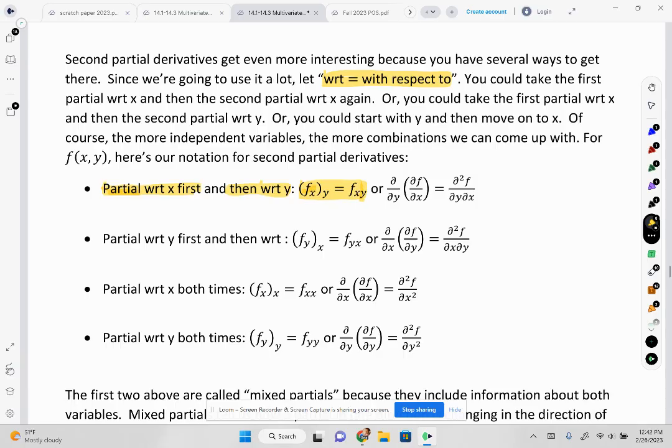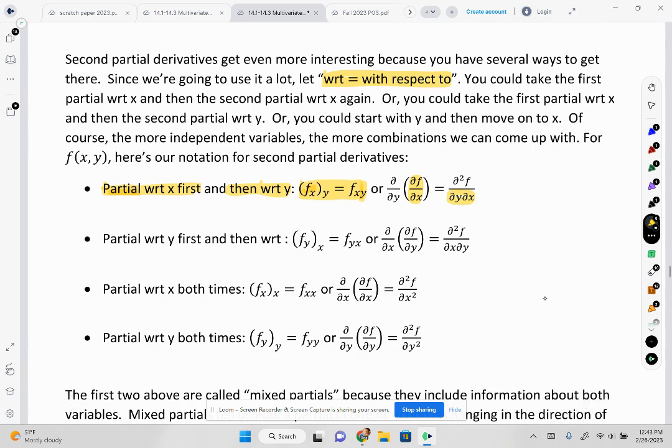Now, it's different when we use the Leibniz notation with the partials. So we would be taking del y of del f del x. Del f del x is the partial of our function with respect to x. Then we take the partial with respect to y of that result. So that gives us del squared f del y del x. Notice the order there.